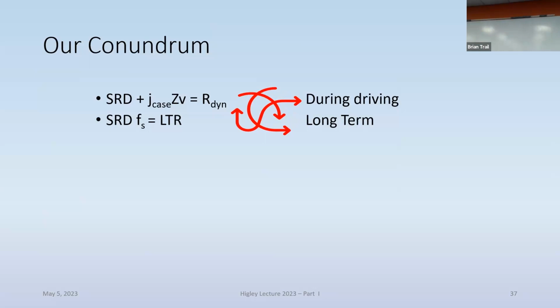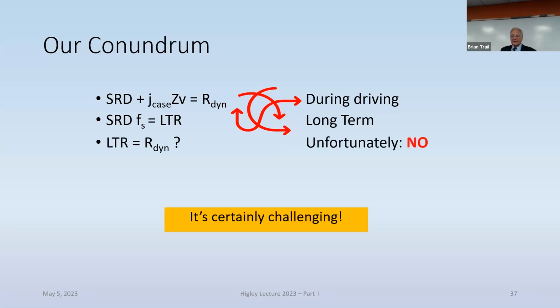At the end of driving, you have a low resistance, and after some waiting, you have a higher resistance. So now it would be nice, and that's what many people hope for or believe, that the long-term resistance would be equal to the dynamic resistance, because then we wouldn't have to worry anymore about a damping factor and all of these complicated things. But that doesn't work, unfortunately.